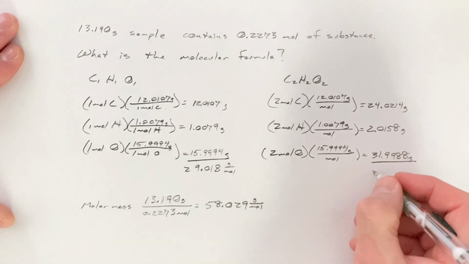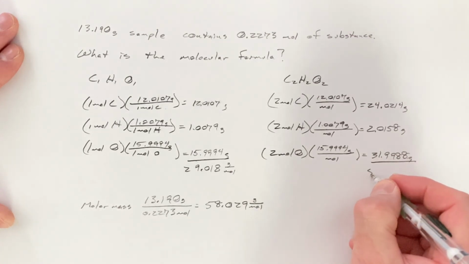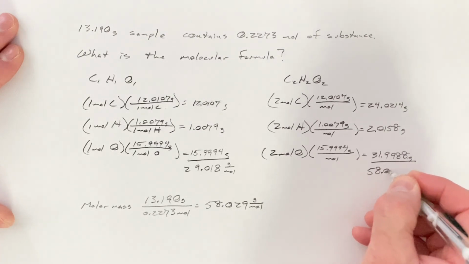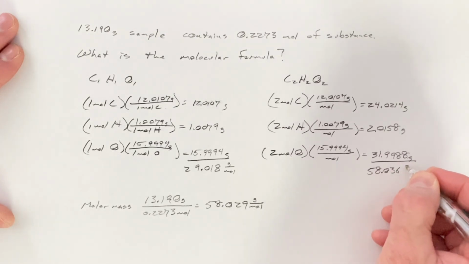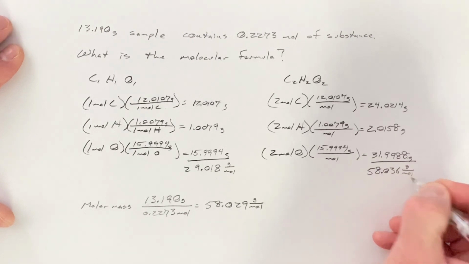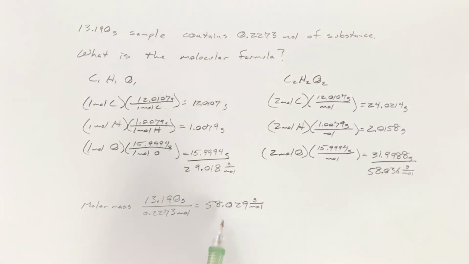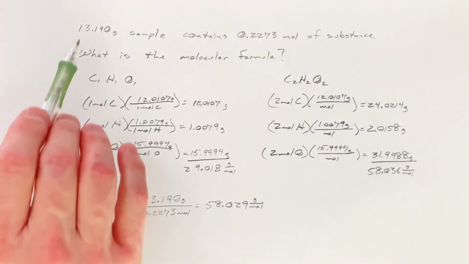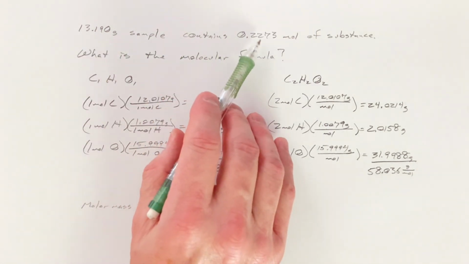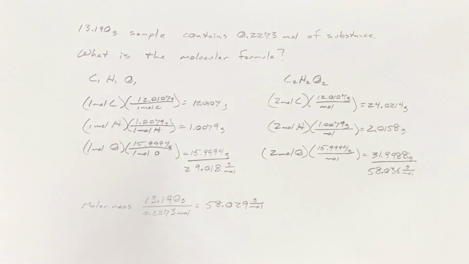And again, this gives us a molar mass of 58.036 grams per mole. Well, this matches what we obtained based off of the mass of the sample and the number of moles in that mass.